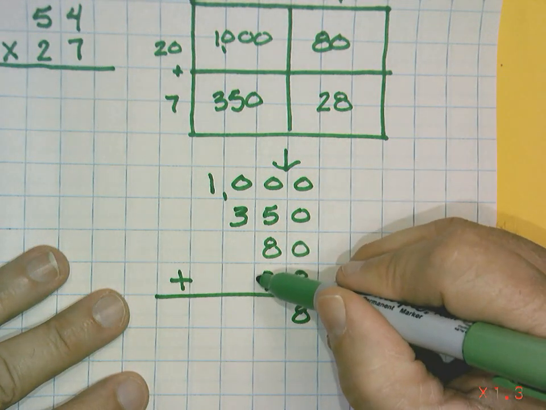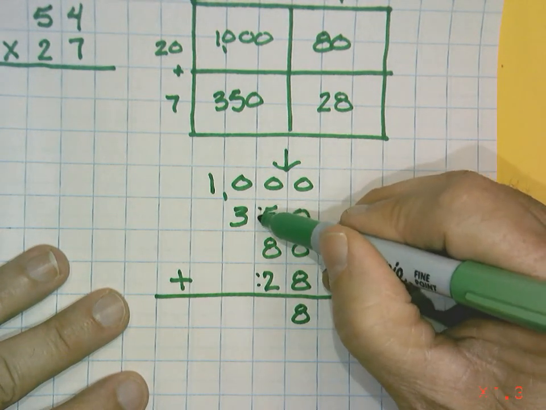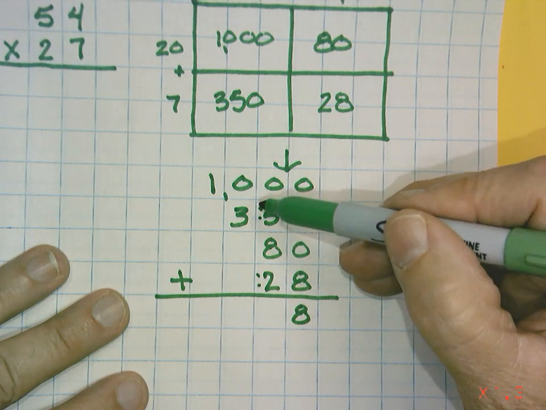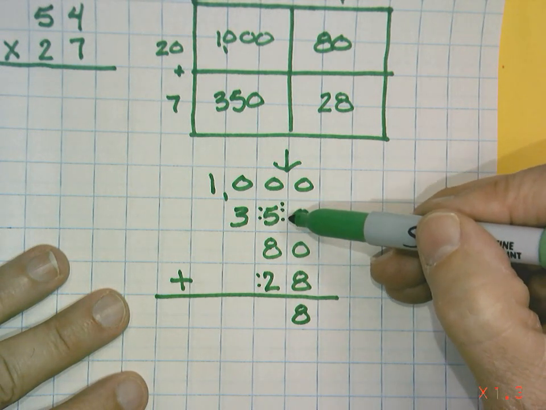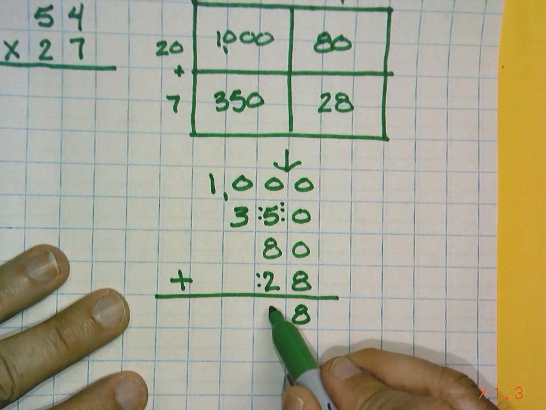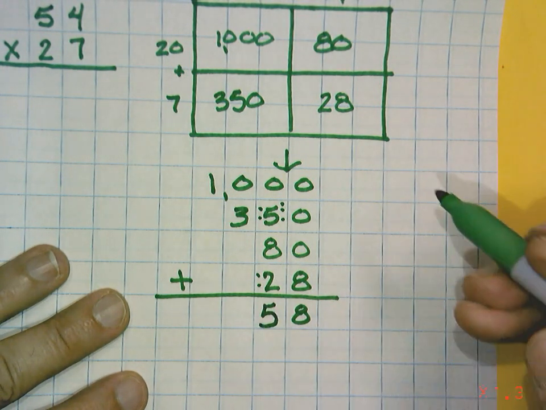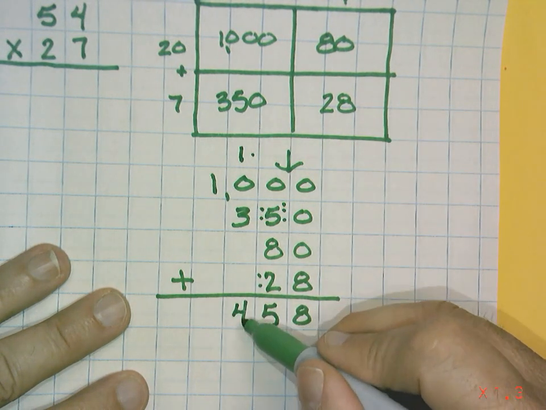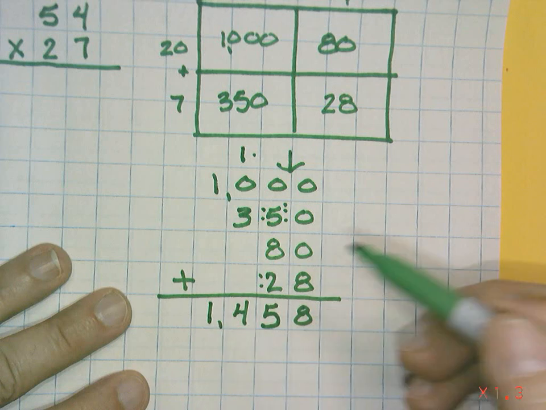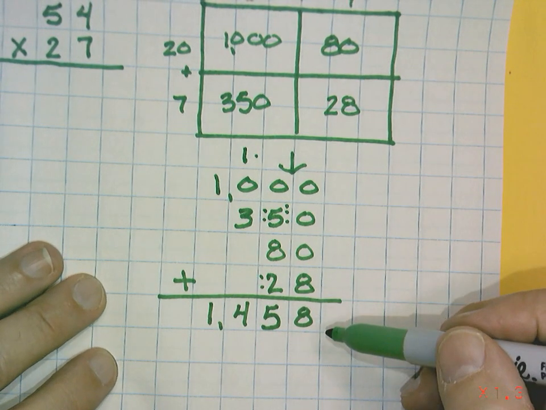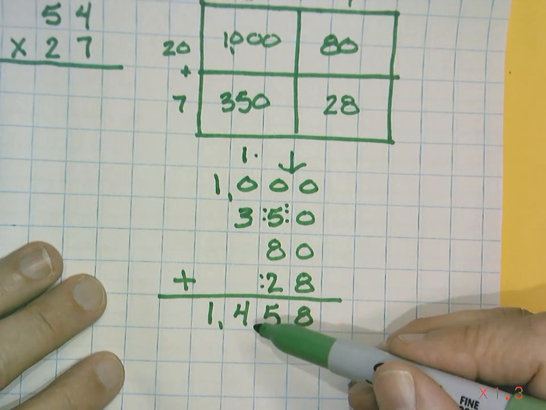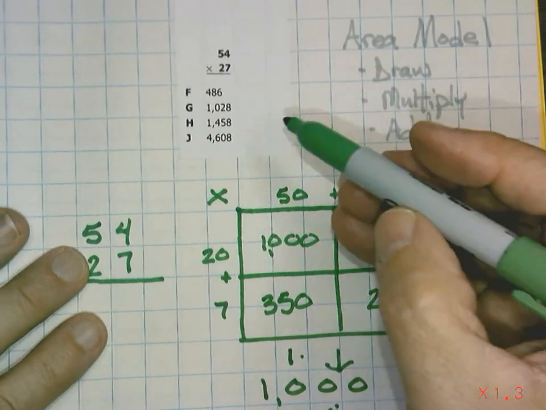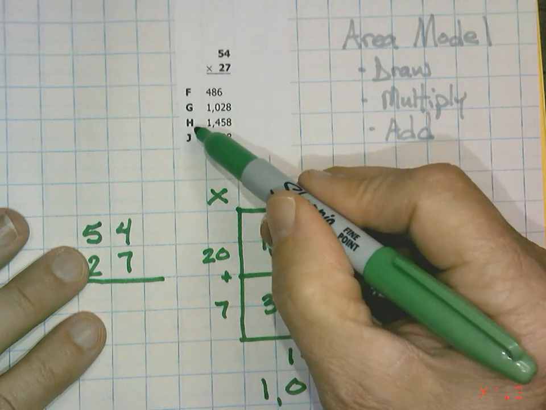I'm going to go with some pin dots here. 1, 2, 1, 2, 3, 4, 5. Ready? You say 8, 9, 10, 11, 12, 13, 14, 15. Regroup. 3, 4, and 1. So our answer for this one would be 1,458. And I'm seeing that right here for H.